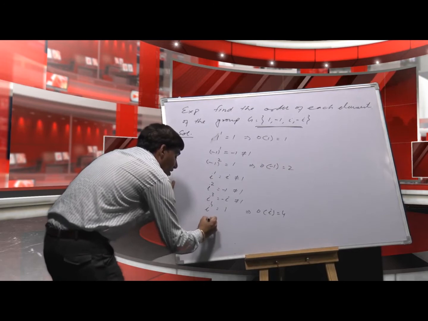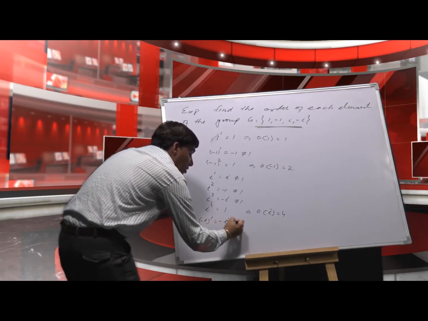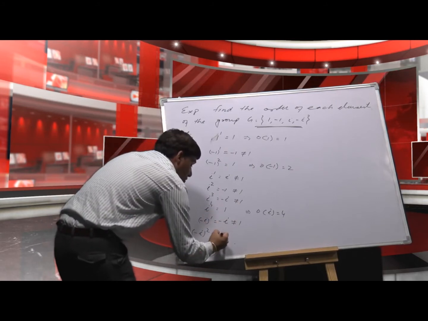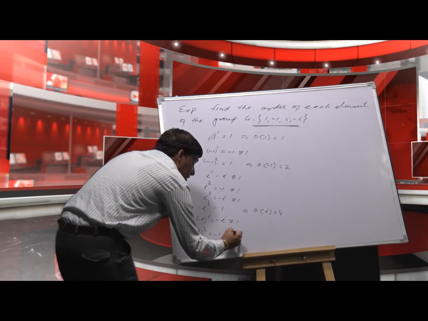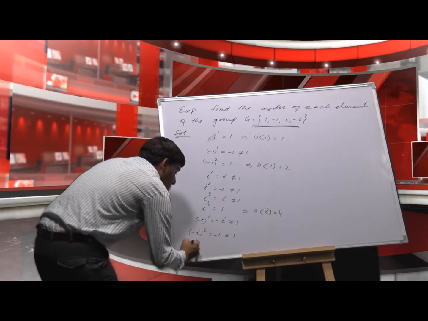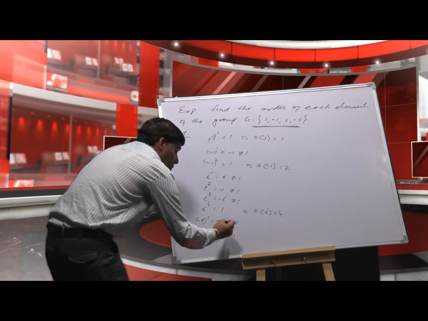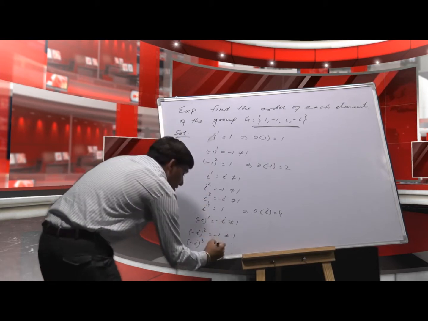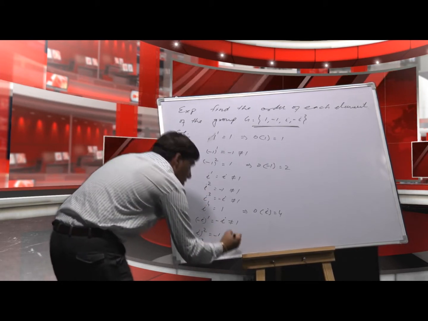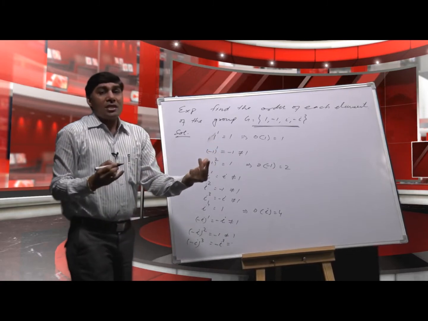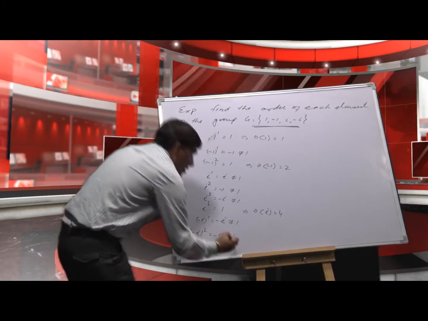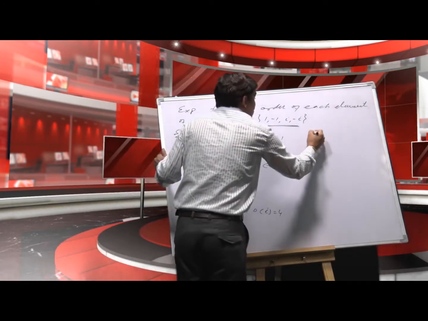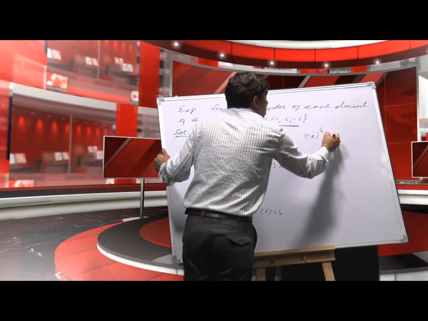Similarly, (-i)^1 is equal to -i, which does not equal 1. (-i)^2 is equal to i^2, that means -1, which does not equal the identity. (-i)^3 is equal to -i^3, which is equal to i, which is -i, and does not equal the identity. (-i)^4 is equal to 1.